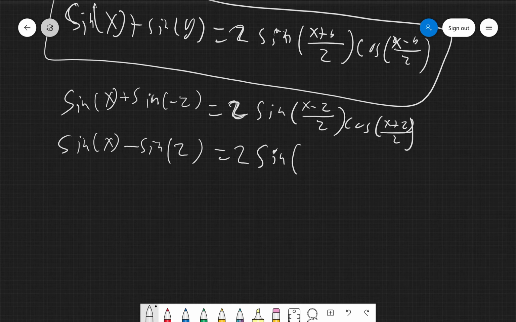No offense, cosine. So sine of (x minus z) over 2. My handwriting is so sloppy if you didn't notice.